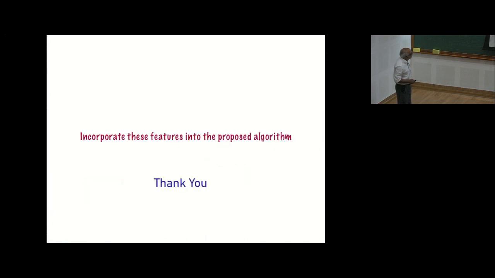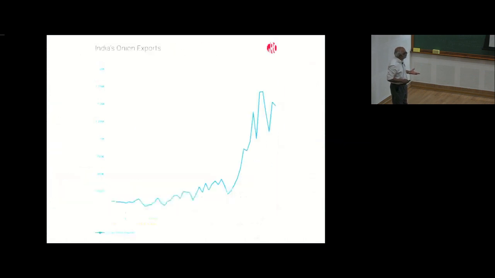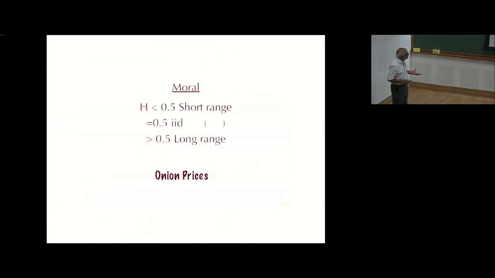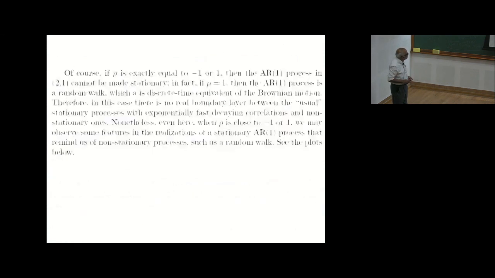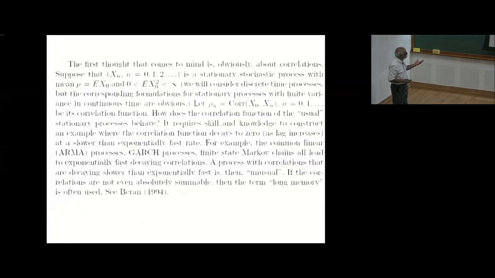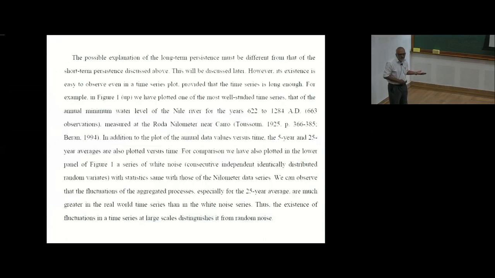So what is it that we want to do? We want to incorporate these features into the proposed algorithm. That machine learning algorithm which I introduced in the beginning just took general statistics and nothing specific about the financial time series. Just a set of 7 statistics, and we did a neural network, essentially a functional fit, nothing more than that.